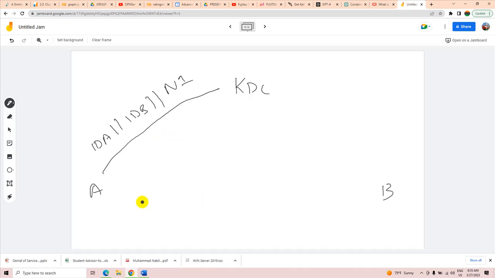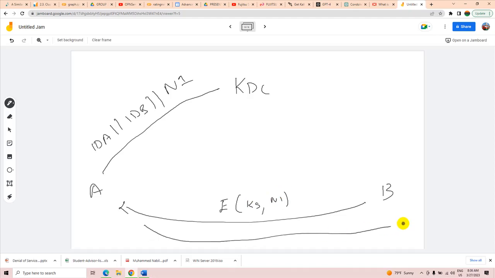So finally, B will reply, encrypted using the session key, with f of N1. Let's say N1 is 10, and f of N1 is 2 times 10, some function, some calculation.